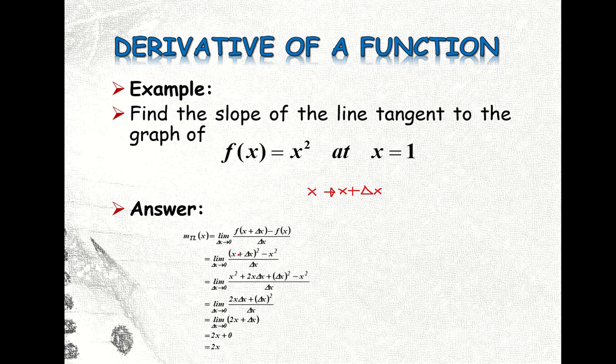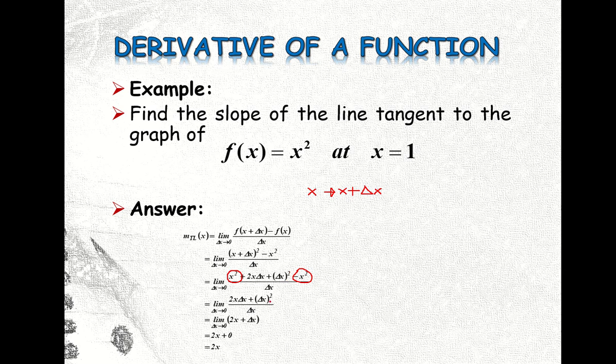Now, expanding this is a binomial expansion. Square the first term, x squared, twice the product of the first and second terms, 2x delta x, then square the second term, delta x squared, minus x squared. At the numerator, x squared minus x squared becomes 0. What is left is 2x delta x plus delta x squared.